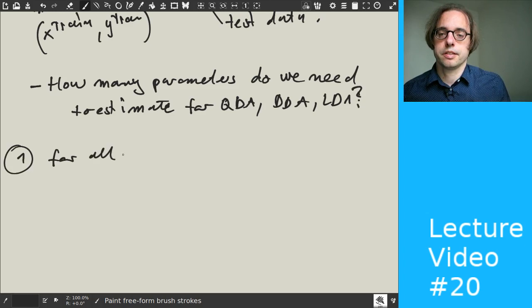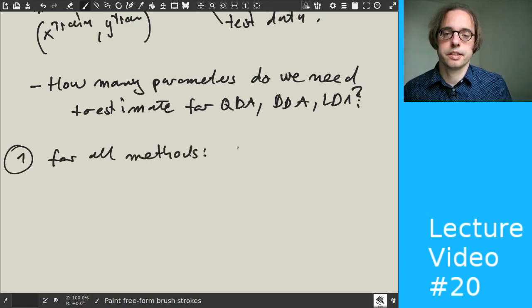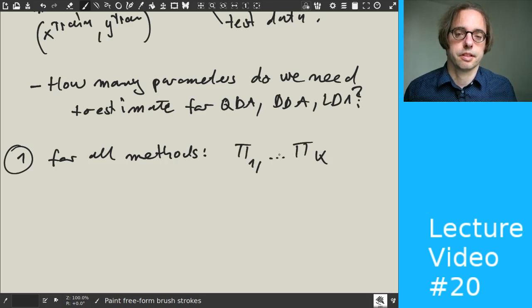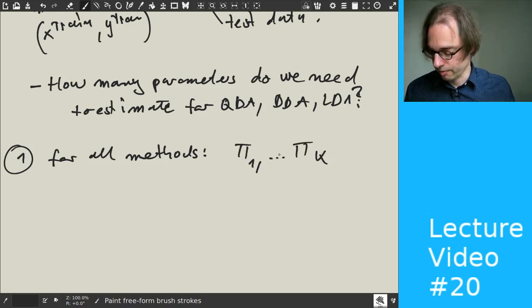For all methods, we need to estimate pi 1 to pi k. That's what all methods have in common.